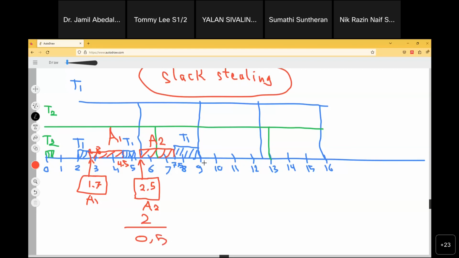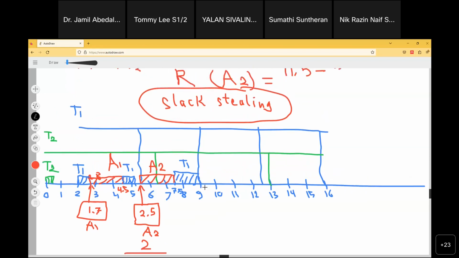Next, starting from 9, what can we execute? Tell me how many tasks are ready to be executed at unit 9. Who can answer this question, please? How many periodic and aperiodic tasks are ready at this unit? T1, T2, A2. Excellent. The priority is given to what?